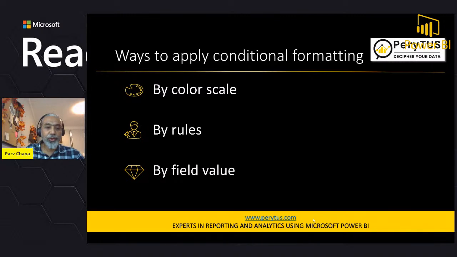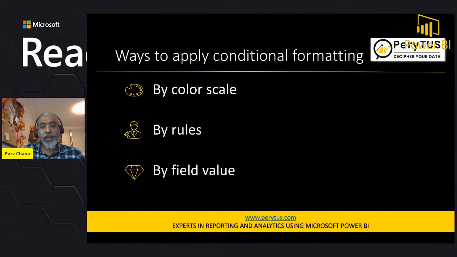If you're showing the data, it automatically calculates where the red color will be and where the green color will be on the color scale. So that's one way of doing it, to show a gradient and show your data bars in different colors, and you can define the scale, starting point and ending point.